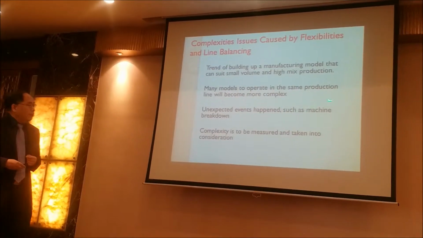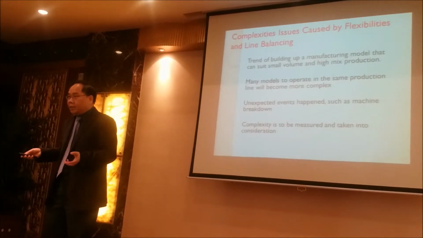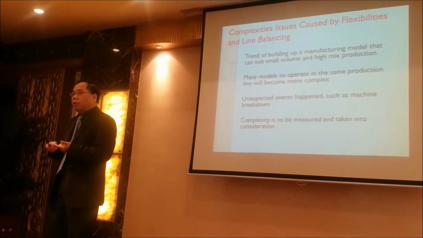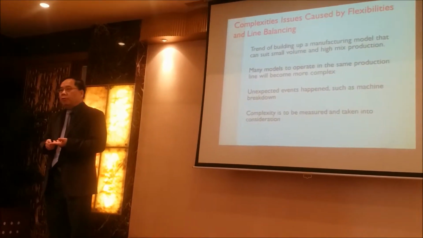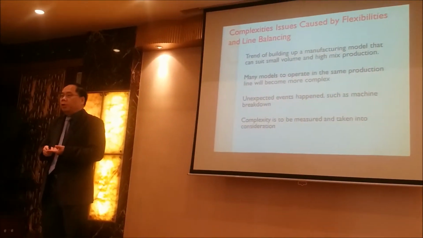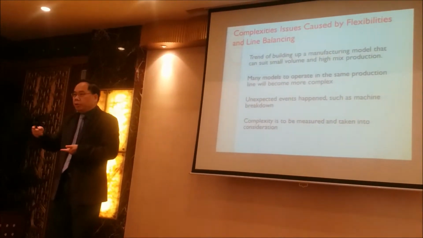Now, unfortunately, if we make the production line too complex, two things happen. First, the people doing the production, or the planning people, will find it very complex because of different kinds of stations, different production lines, different configurations.